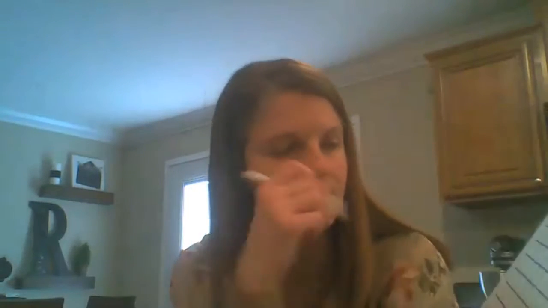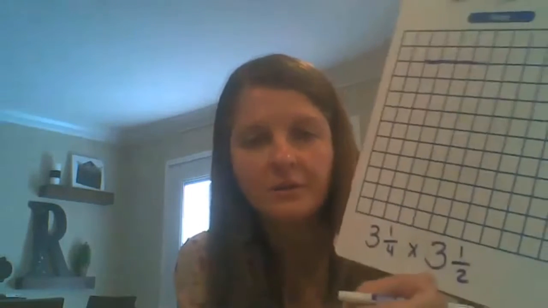Can you see my fourths? And so I'm going to go over to that 1/4 mark. So basically I turned that little square right there into a number line, okay? And then I'm going to go down 3 1/2. Halves are a little bit easier to mark, and then I want to connect and make my rectangle. Okay.